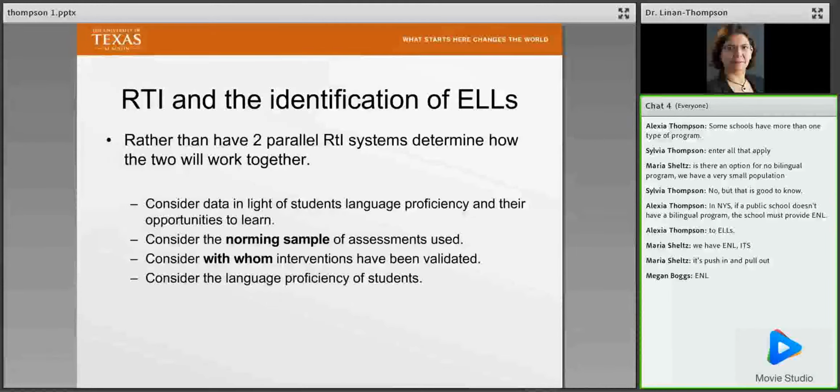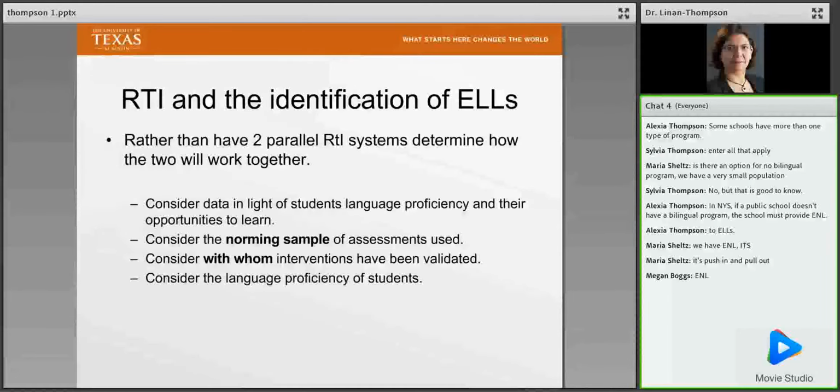But within an ESL program, there's still opportunities, if there's the resources or the personnel, to assess children in their first language, especially when they first arrive or enter the system, to get a sense of what their knowledge is in their first language. If that's not available, then that's one less resource you have, and you really just have to pay more attention to their rate of learning.